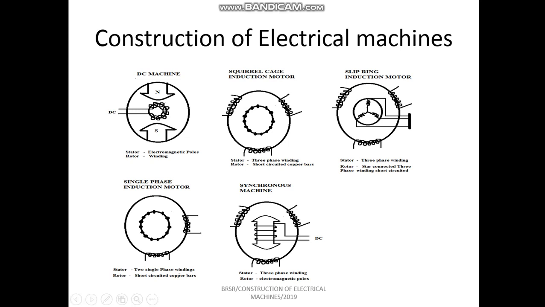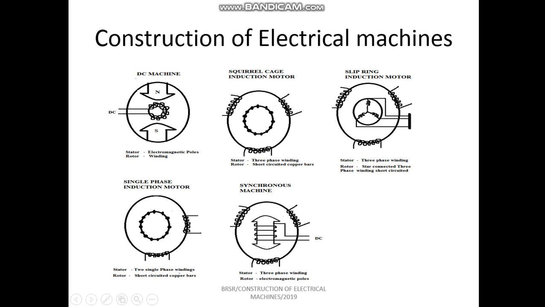So then we go into the three-phase machines. The very widely used three-phase motor is squirrel cage induction motor. In the squirrel cage induction motor also, you have a stator and a rotor.